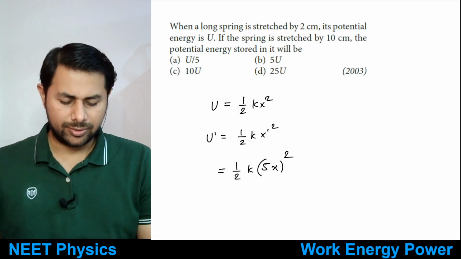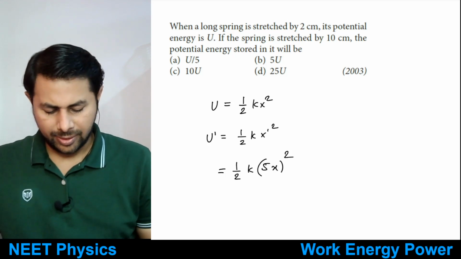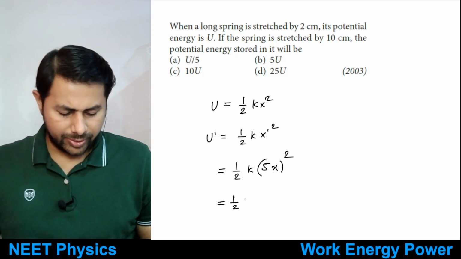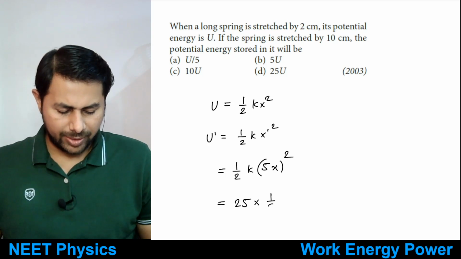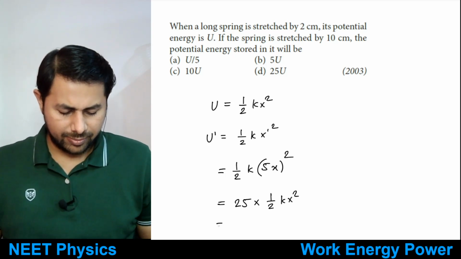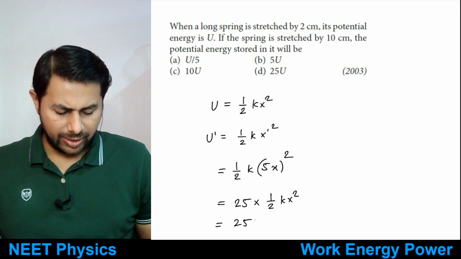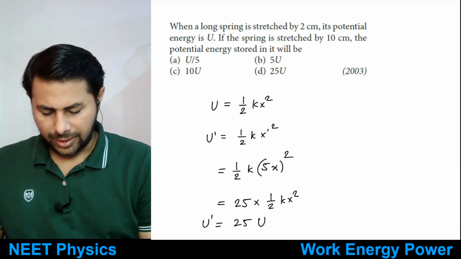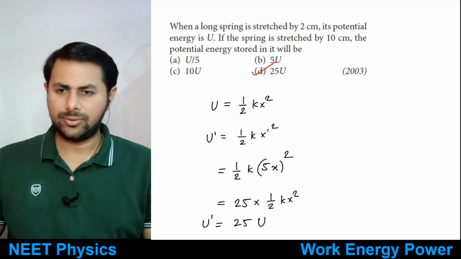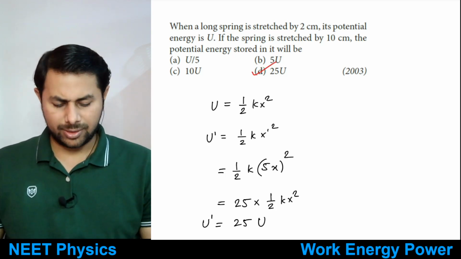So it is 5 times of X square, and therefore you can take square of that, so you will get 25 times half of K into X square, and that is equal to 25 times of U. So answer is 25U, option D, right?